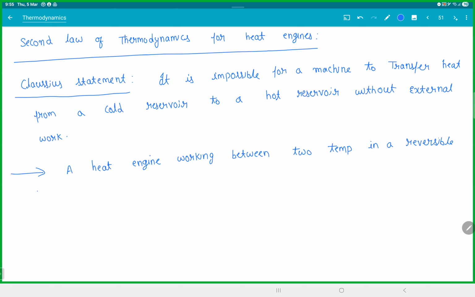So we will not handle those things. A heat engine working between two temperatures in a reversible process cannot be more efficient than a Carnot engine. We'll see what a Carnot engine is.